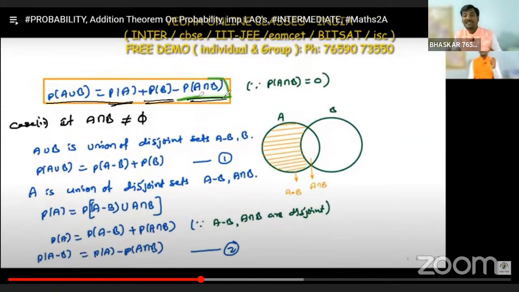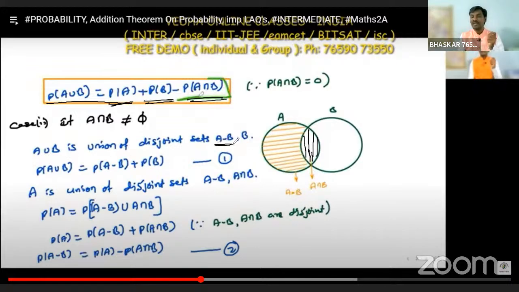If you want another case, then case 2: A intersection B is not equal to the empty set, meaning we have some common part, some common area. They are intersecting. In this case, how to prove this? A union B is a union of two disjoint sets.